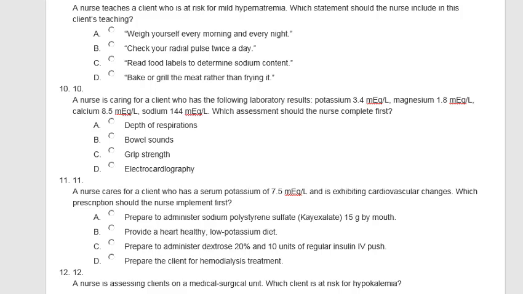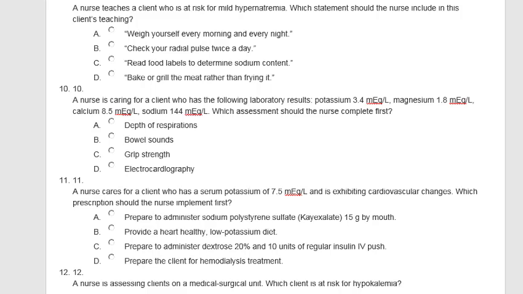Meaning, out of these, which ones are complications of hypokalemia? And number 2, out of those, which one is the most life-threatening? Okay? So, let's see here. We have depth of respirations. That can be affected by hypokalemia. Remember, we said it affects the diaphragm. Number 2, bowel sounds.